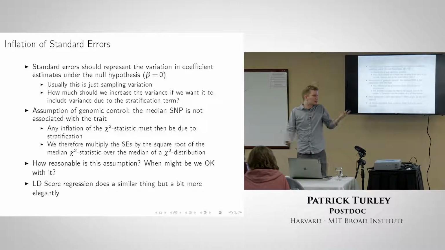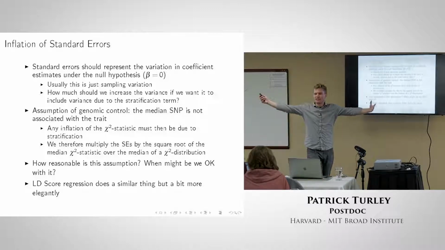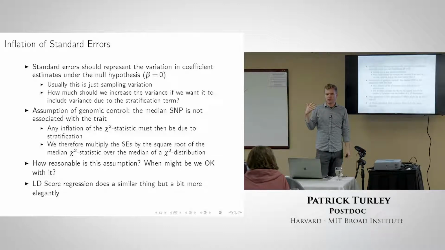But maybe we'd also want the standard error to take into account the variation in our estimates that's due to biases like stratification. And so the idea of these approaches is to inflate the standard errors of our estimates such that for SNPs that don't have a true genetic effect, but only vary due to sampling variance and also maybe due to stratification, we control the type 1 error for SNPs like that.